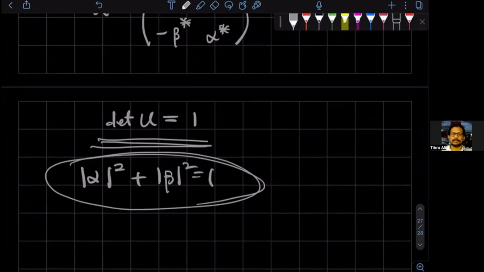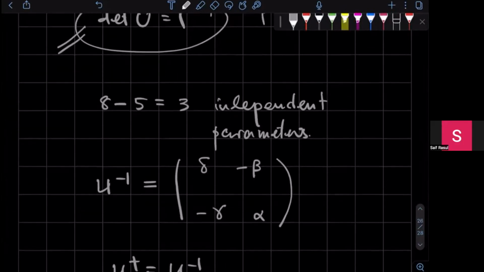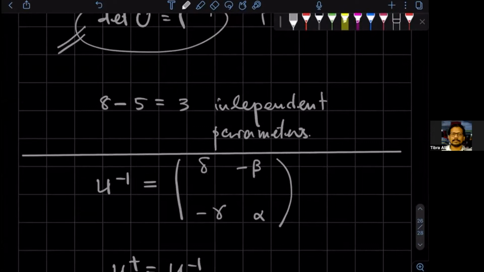Do you understand this, what I'm saying? So is this a sixth constraint? No, so what I'm doing here, up until this point, let me just draw a line. We have established that the dimension of SU2 is 3.